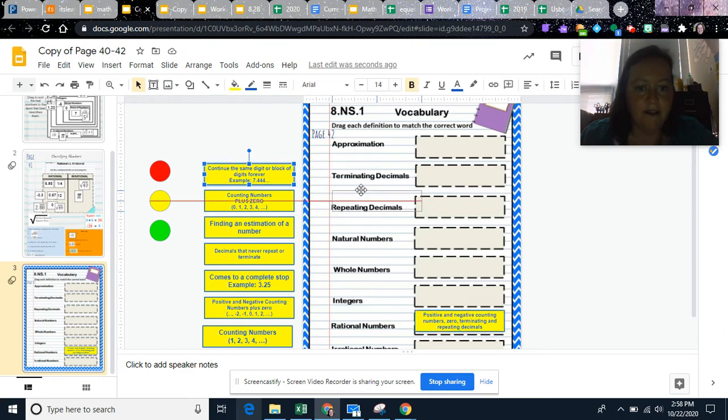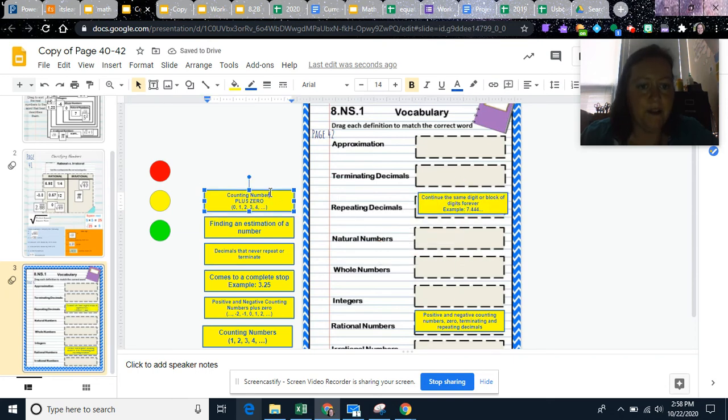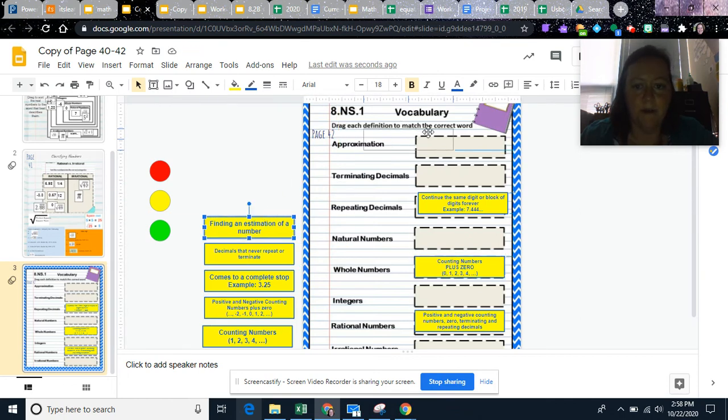So that's going to be repeating because if it goes on forever, then it's repeating. The counting numbers plus 0, that's going to be your whole numbers. Finding an estimation of a number, that's going to be when you're making an approximation. So that's when you're rounding.